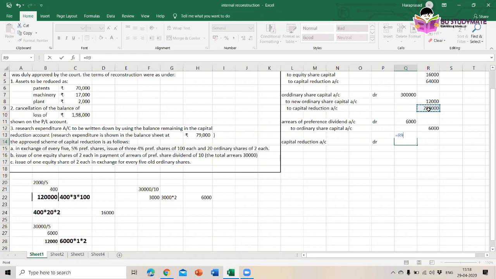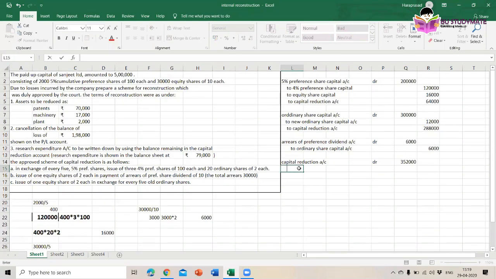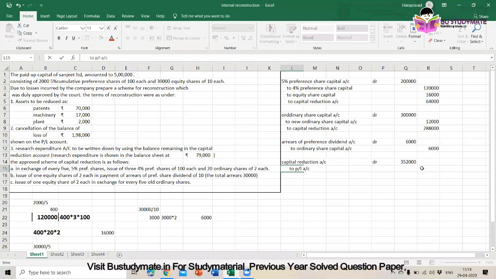So first we need to write off the profit and loss amount. How much is that? That is 1,98,000 rupees. It is given in the adjustment in the question only.